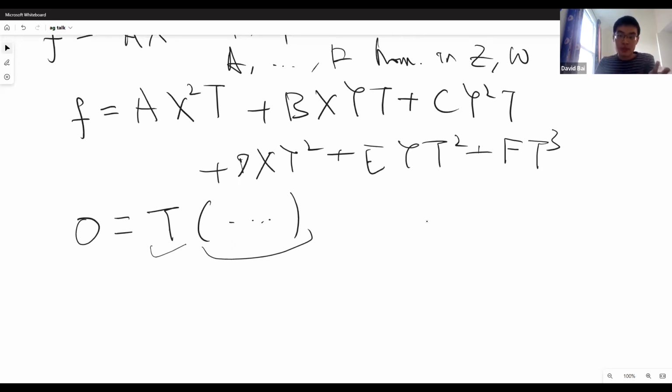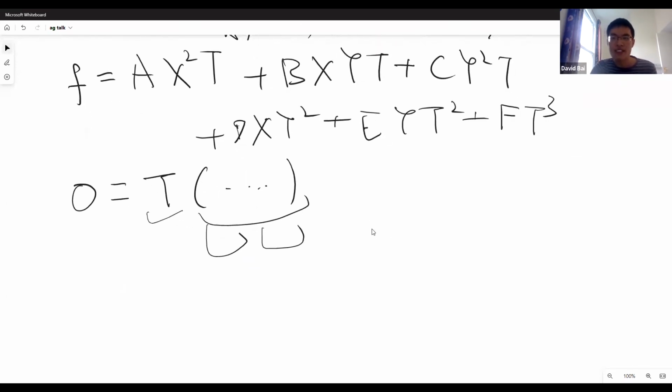Because if it's reducible, then I get some linear form times some linear form, which gives me three lines. If it's irreducible, then it just gives me that irreducible conic. So we've changed the problem to when is this quadratic form degenerate? And we know exactly when the quadratic form is degenerate.